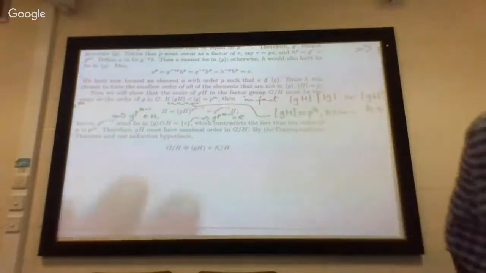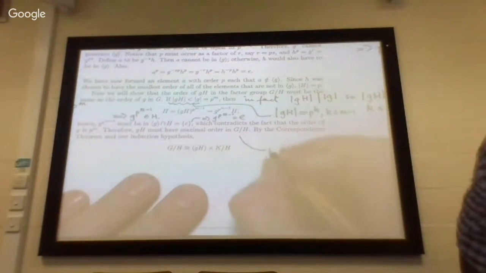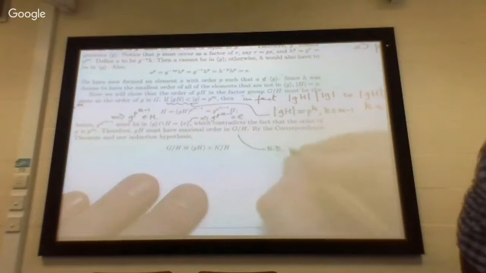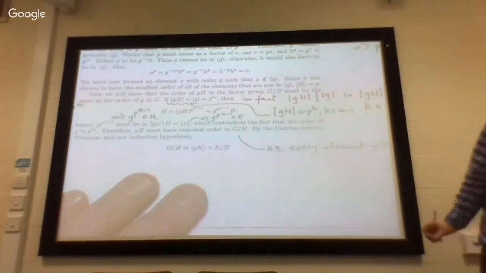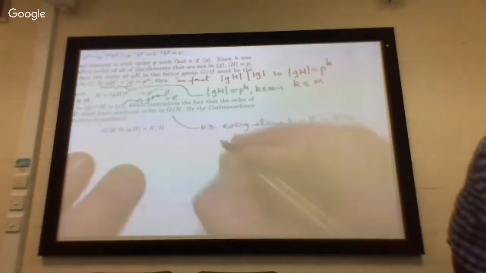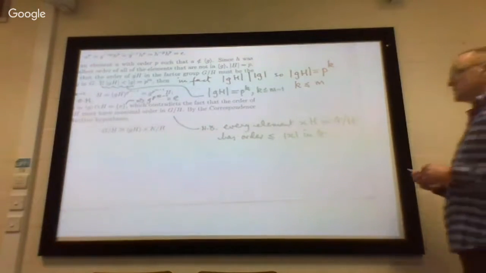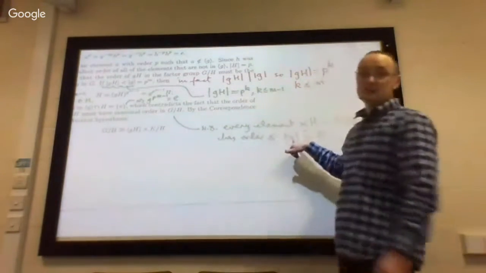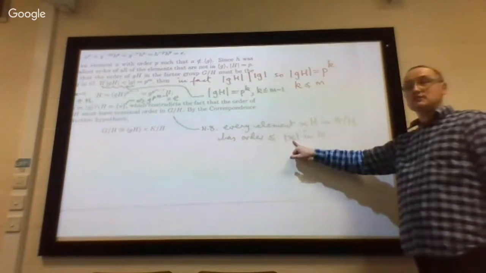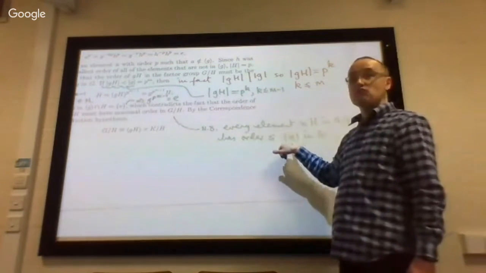Because remember, note that every element XH in the factor group G mod H has order less than or equal to the order of X in G. Actually, even stronger than that, its order must divide the order of X, but at least less than or equal to.